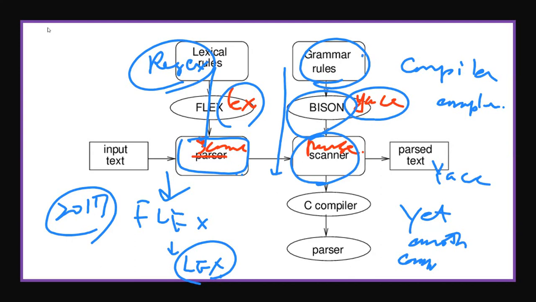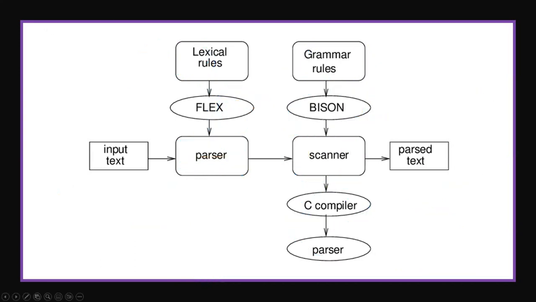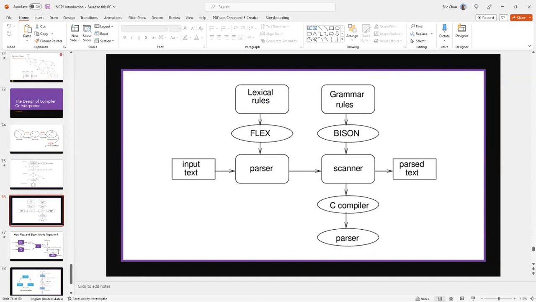And with this, you include your scanner and parser, and you can generate a compiler by using Flex and Bison. Flex and Bison are downloadable from the internet. Okay, not really hard.